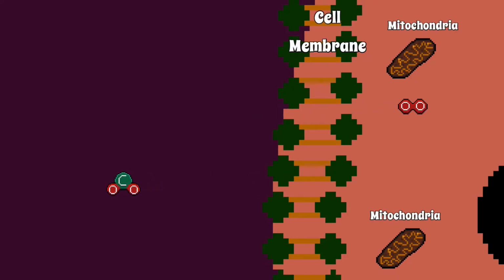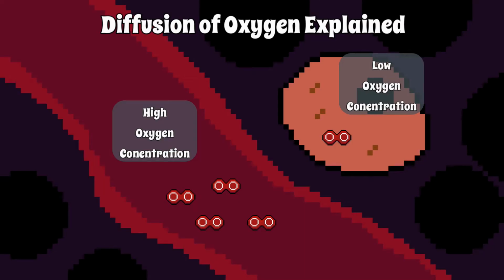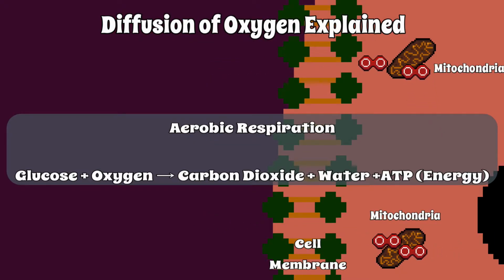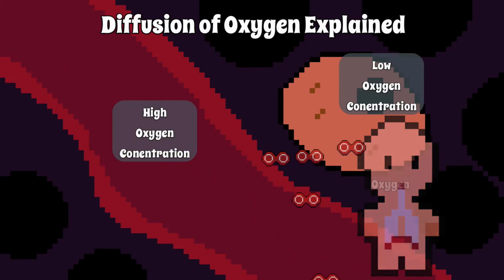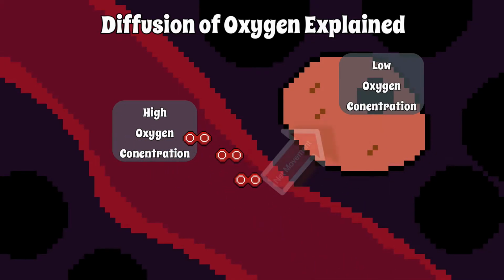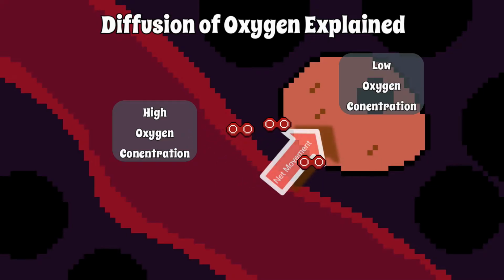Oxygen is usually always in a lower concentration inside the cells compared to the blood on the outside, because the cells use up oxygen during aerobic respiration. The blood is being reoxygenated all the time when it reaches the lungs, so blood oxygen concentration is higher. This means the net movement of oxygen via diffusion is always into the cell.